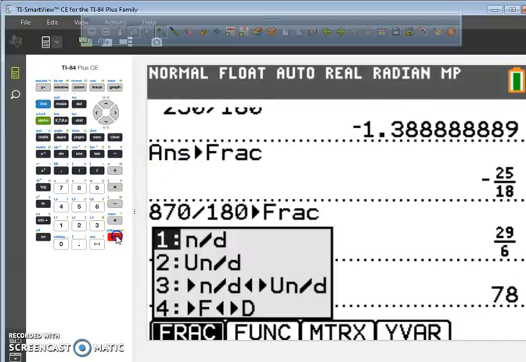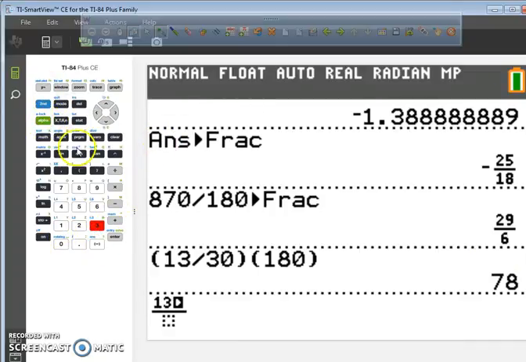Now, some of you might do this. You might do alpha y equals, enter and do 13 pi, and go over 30, and then do parentheses and do alpha y equals. It takes a lot longer. Put a pi right here. There it is. So could you do it this way where you have to type in everything?